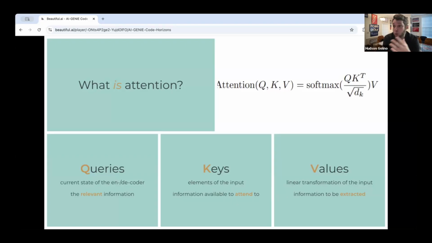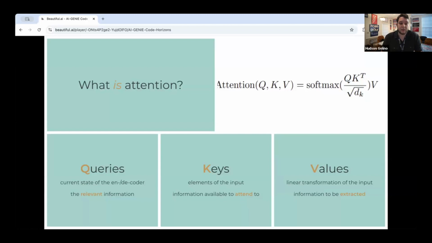Attention is quantified in deep neural networks with transformer architecture as a mathematical transformation of three types of matrices: the query matrices, the key matrices, and the value matrices.